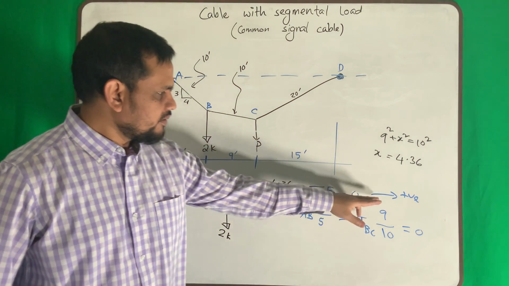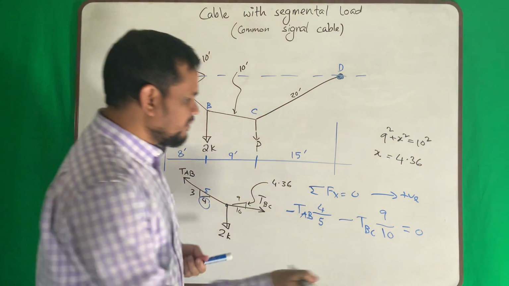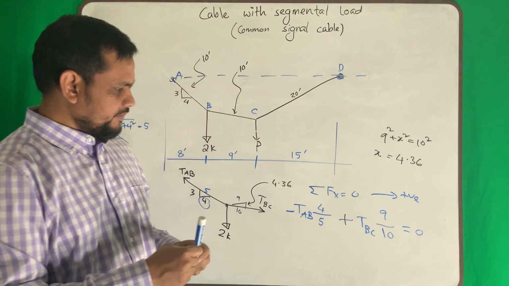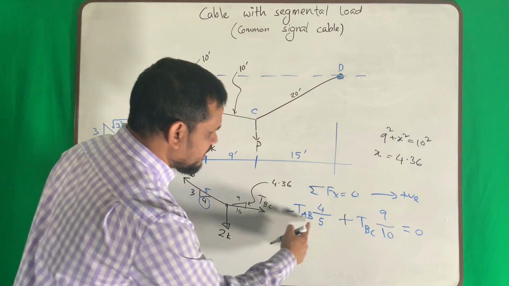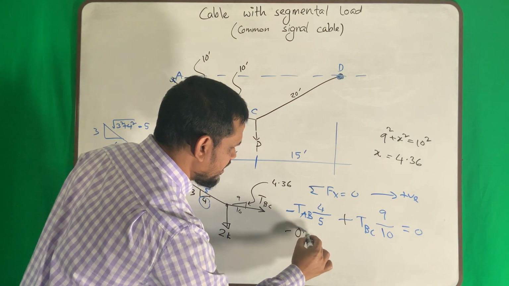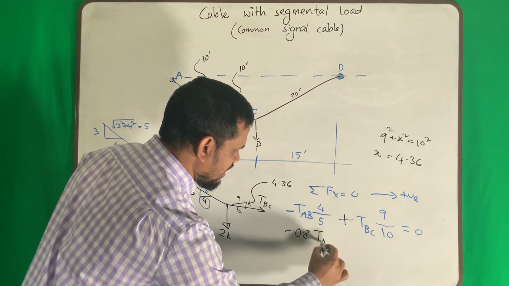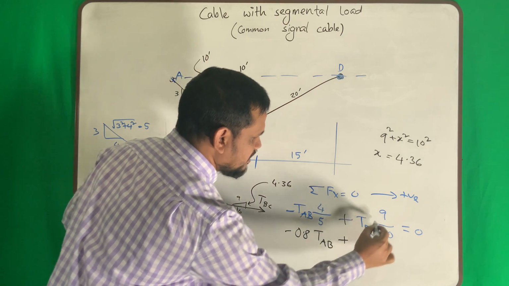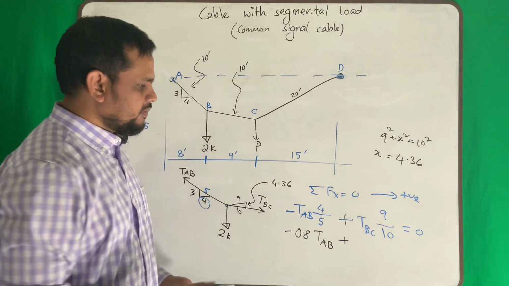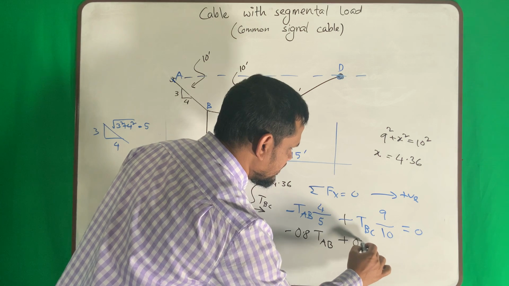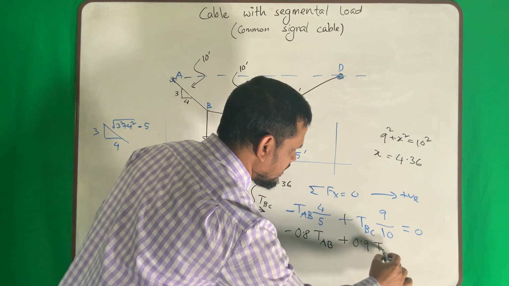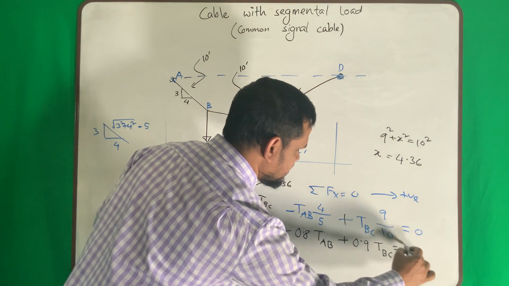I assume that way is positive, so it will be positive. Now if I solve this, I will get 0.8 TAB plus 9 over 10, we know that it is 0.9 TBC equals 0.